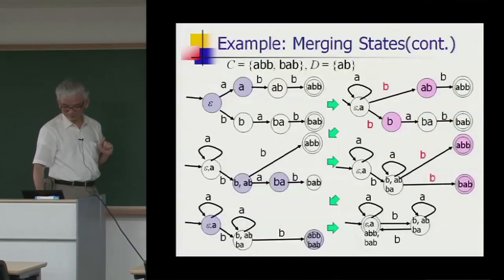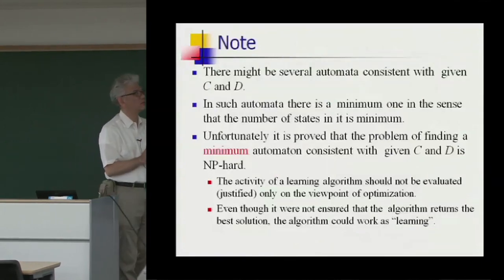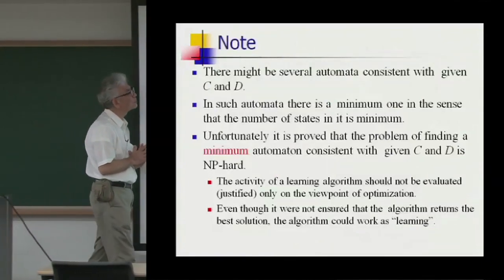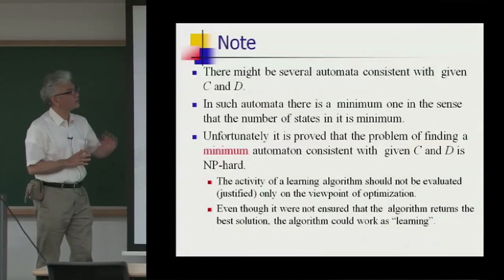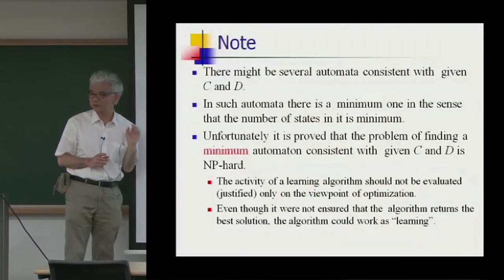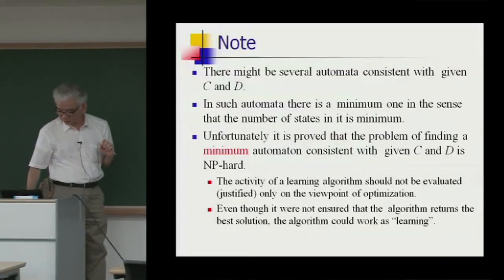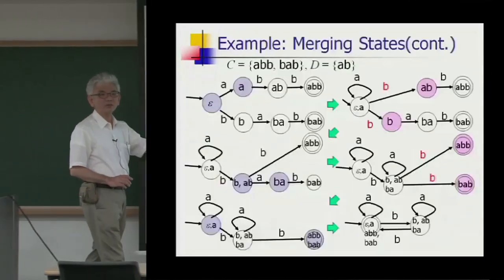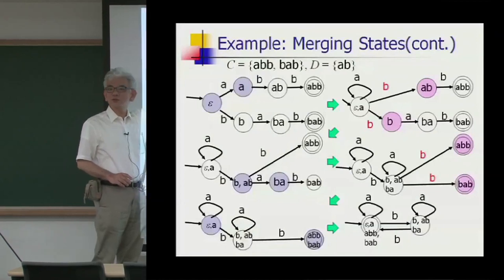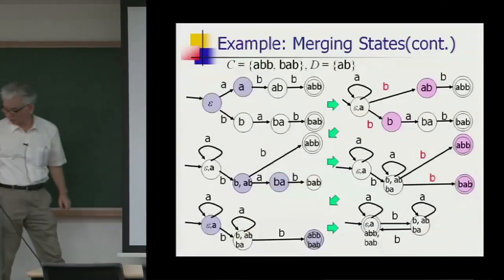Now, we give the first note. There might be several automata consistent with the given examples, the given pairs of positive and negative. This is not the unique automaton consistent with these pairs of examples.